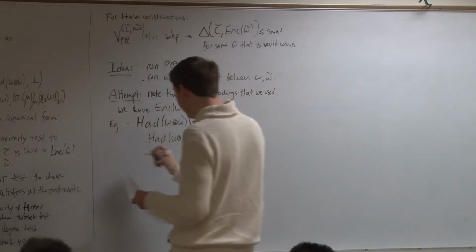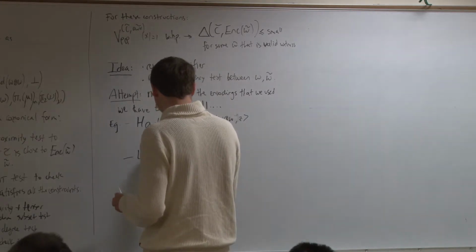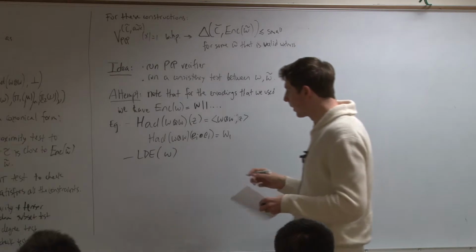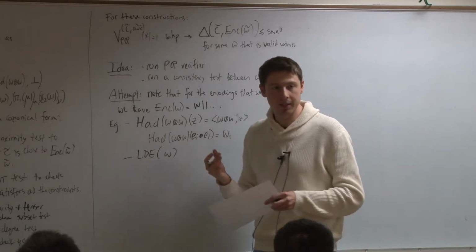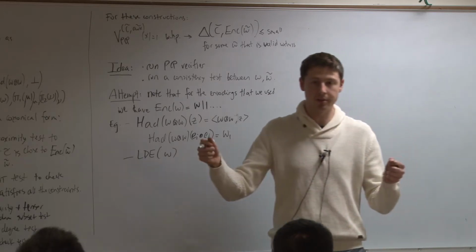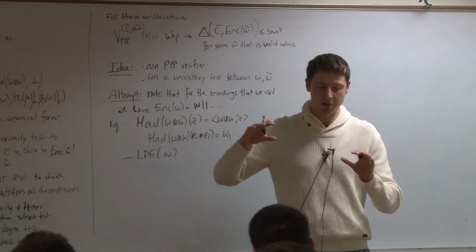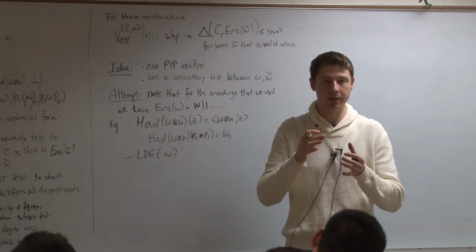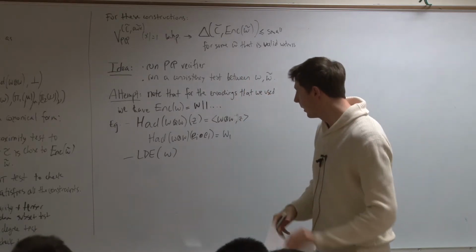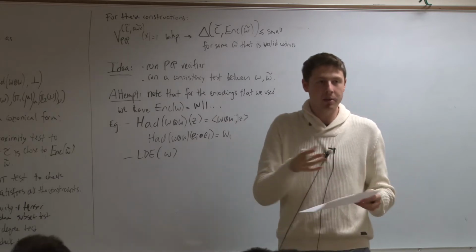It's also true for the LDE. If I take an LDE over W, how were we taking low-degree extensions? Well, we were taking W, which had n locations, and folding it into a hypercube, and extending it. But when we extended, the hypercube is still sitting there.